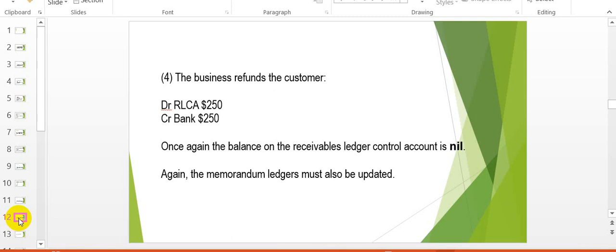Again, we get back to the point where the receivable ledger control account is nil, having offset the reversed sale with the refund of the 250. Again, the memorandum ledger must also be updated with this transaction.